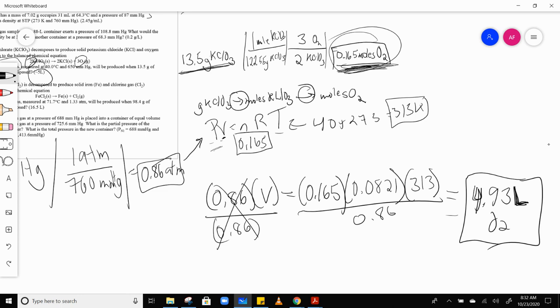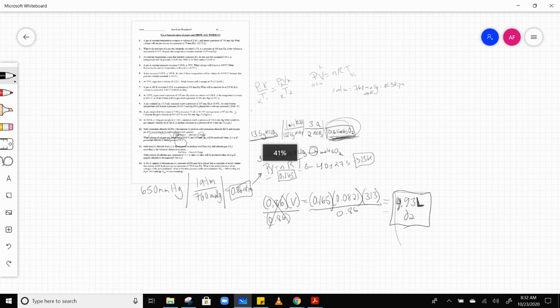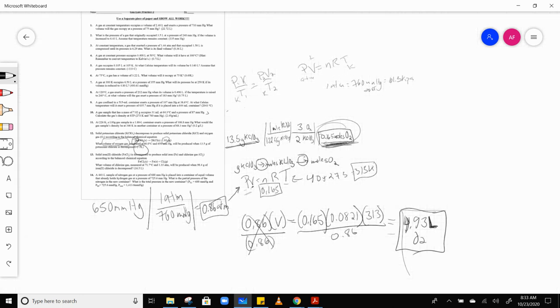So we had to convert millimeters of mercury to ATM, Celsius to Kelvin, and that was it. And then we plugged it all in and we got our liters of O2. Seems easy now, right? Maybe, maybe not, I don't know.